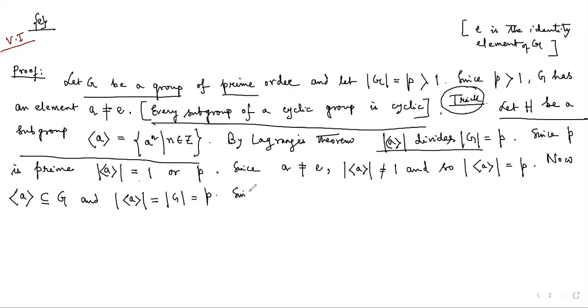So it is pretty obvious from the above two arguments that this capital G is the subgroup itself, and we are left with no other choice. This is the only condition for which the above criteria will be fulfilled, and this implies that G is a cyclic group.